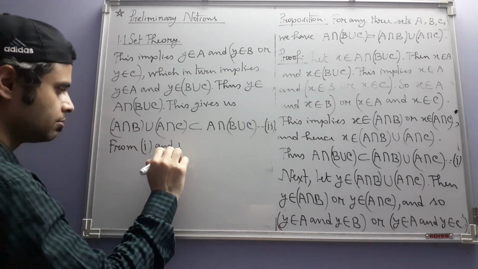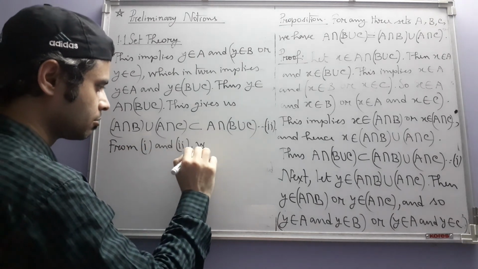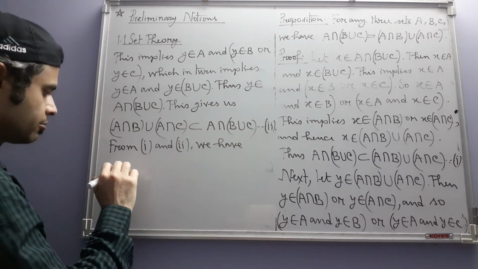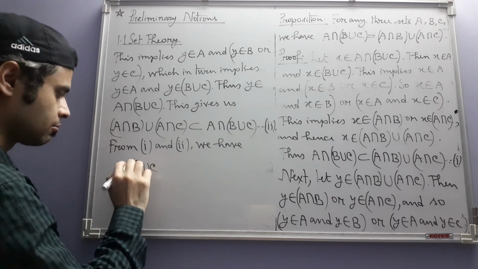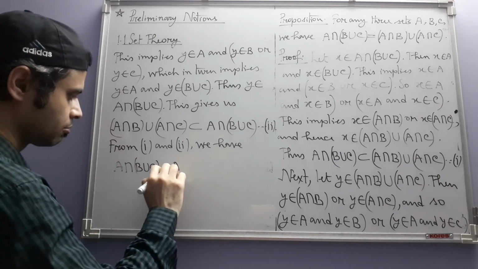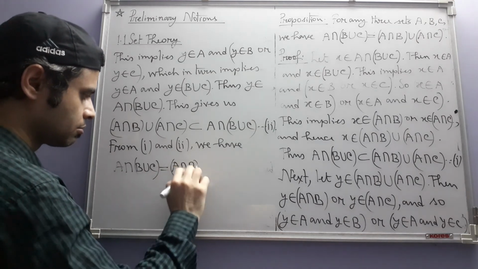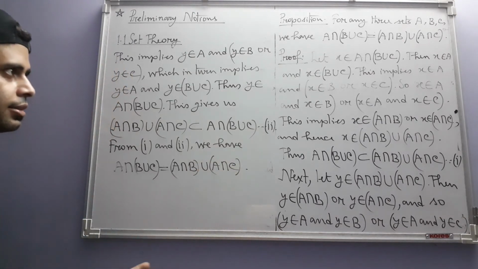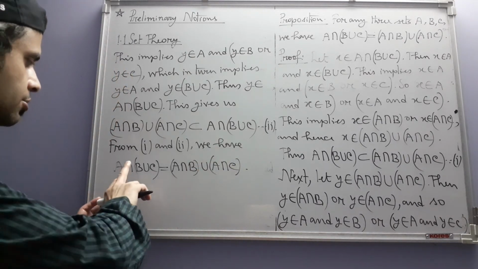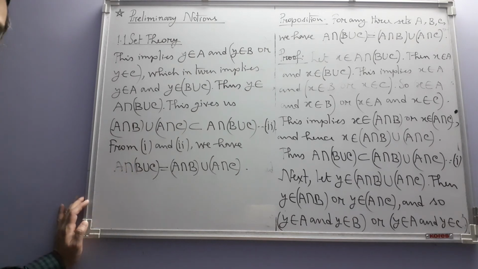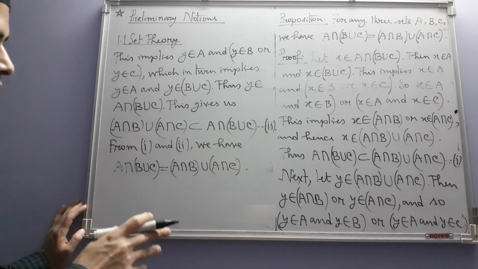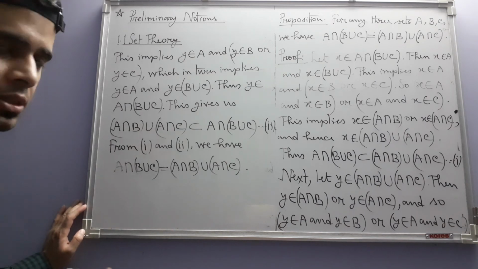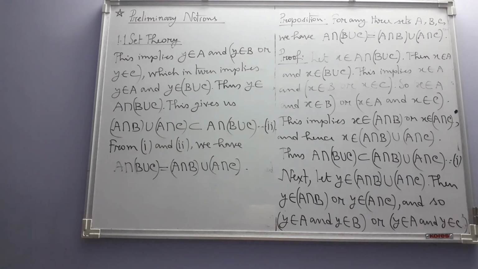From 1 and 2, we have equality. There is another one where you switch between union and intersection, that's all. These two rules are known as distributive laws. We will see the other one in the exercises.